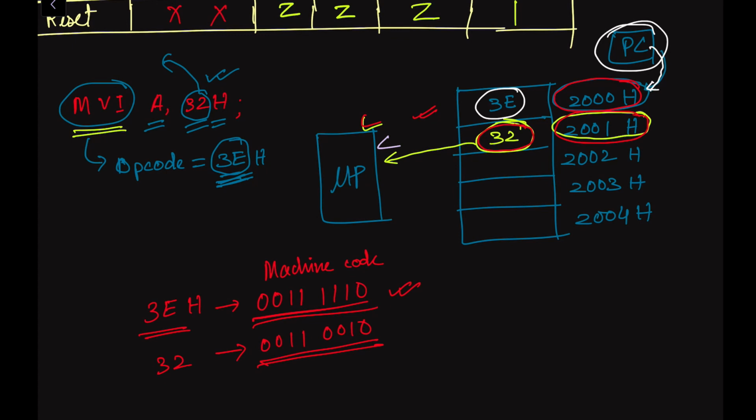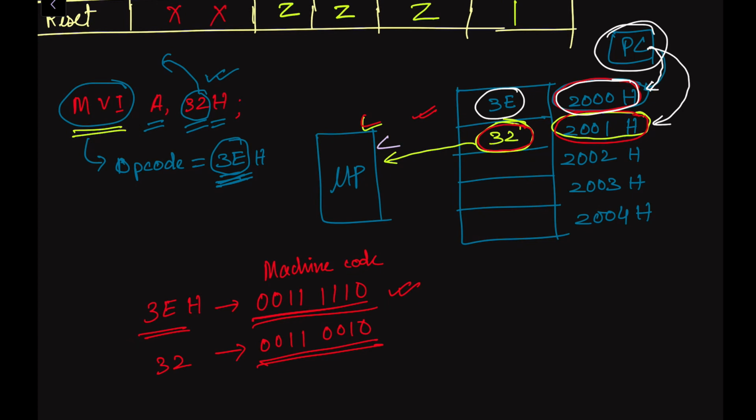So this will be sent to the memory, and the microprocessor will increment the program counter content. That means whenever the microprocessor sends this address 2008 to the memory unit, then after sending the address, the program counter will point towards the next memory address, that is 2001.